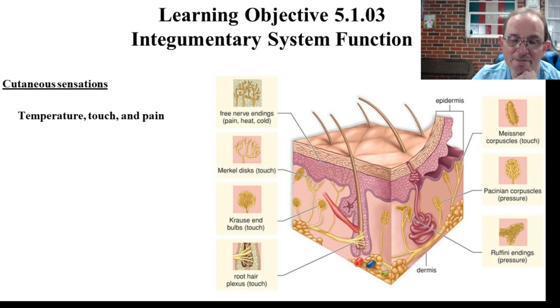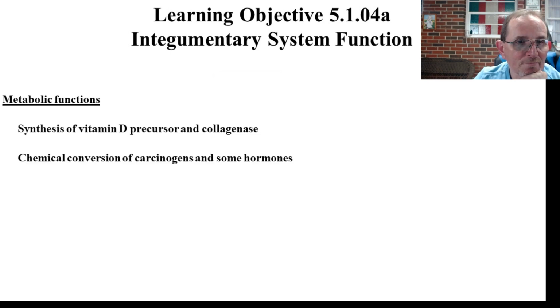When the hair is moved, you get a signal. Some of these, the deeper they are, like this Pacinian, that's deep pressure. The more shallow, like the Meissner's, right there at the junction between the epidermis and the dermis, would be more for light pressure. And then some of those pressure sensors also work with vibration.